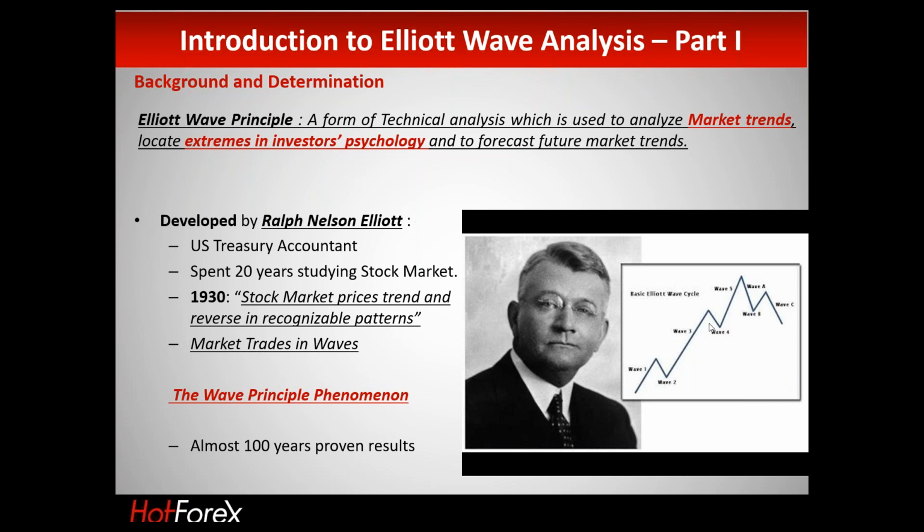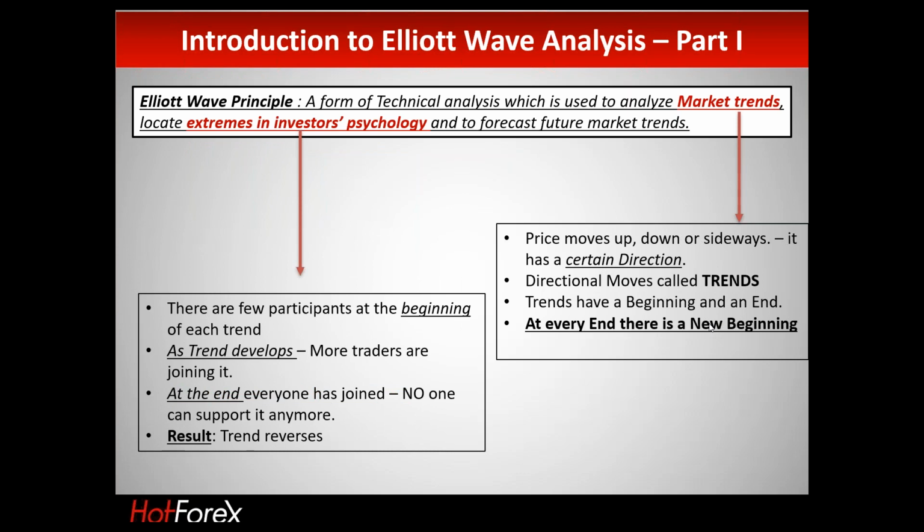What do I mean by that? According to Elliott, the market is traded in waves. These waves, guys, are a result of repeatable cycles. The market is repeating itself. It repeats the same movements again and again.